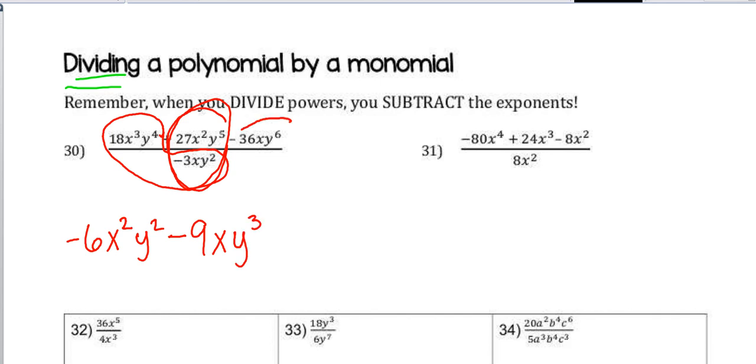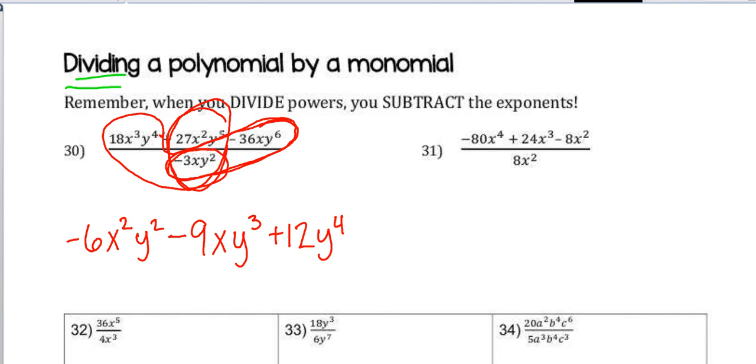And lastly, I'm going to look at my last term in my numerator, and then I'm dividing that with my denominator. So I have -36 and -3, which is +12. x minus x, that's nothing. And then I have y to the 6th minus y squared, so I have y to the 4th. Okay.